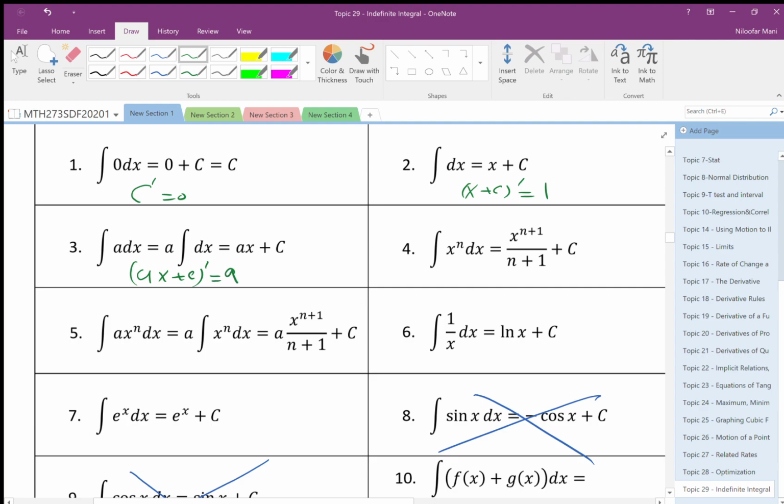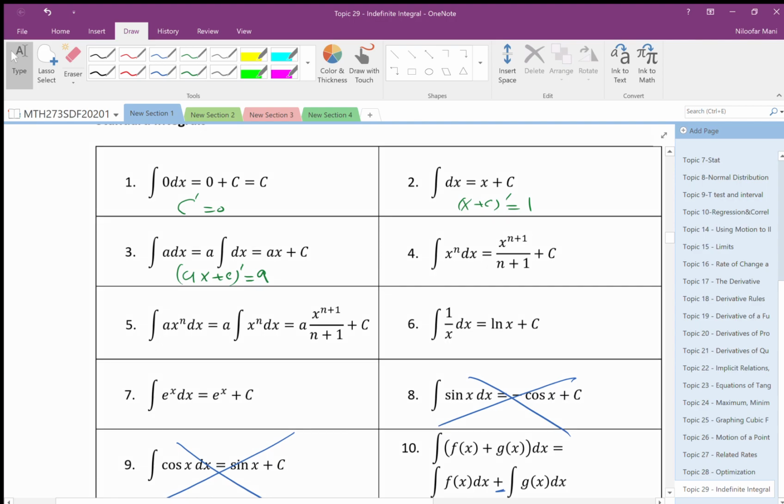If I find the derivative of this, it is n plus 1 times x to the n divided by n plus 1 plus 0, which is x to the power n. See, I reached the same thing I had.